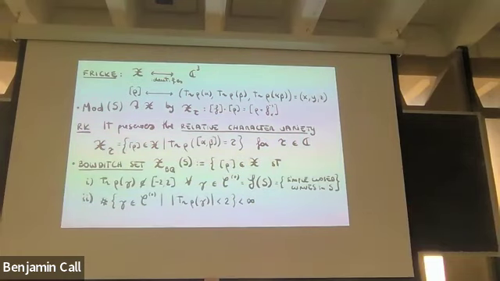The second condition, which is maybe more mysterious, is that if you look at simple closed curves with trace bounded in norm by a constant, then you only want a finite number.